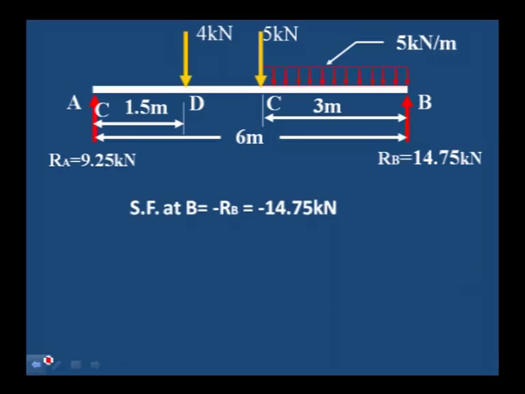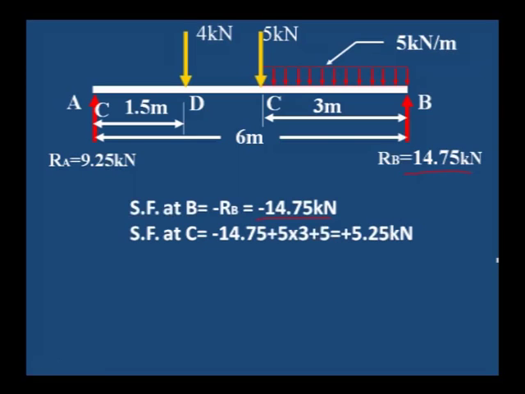Let us calculate the shear force. Shear force at B is RB value, minus, because it is an upward force, minus 14.75 kilonewton is the shear force at B. Shear force at C, minus 14.75 is the previous value, plus 5 kilonewton per meter into 3, 5 into 3, plus one point load is there, that is 5.